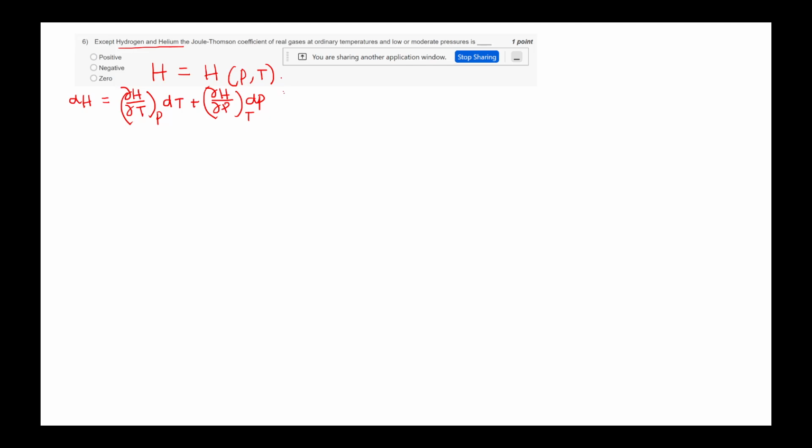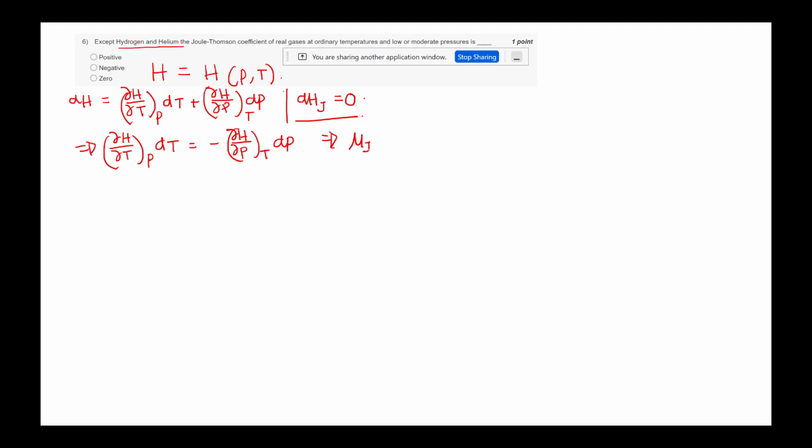For the Joule-Thomson effect we know dH is 0. So we get del H del T at constant P dT is equal to minus del H del P at constant T dP.